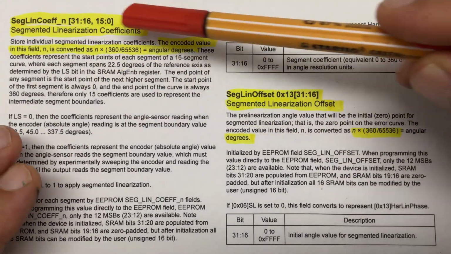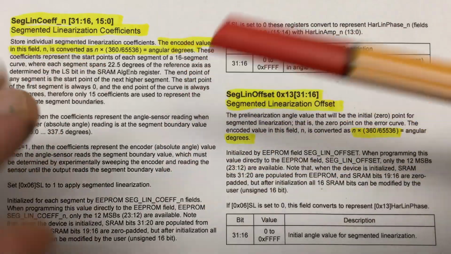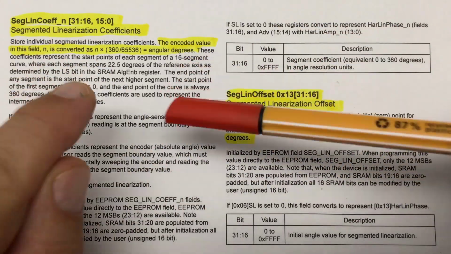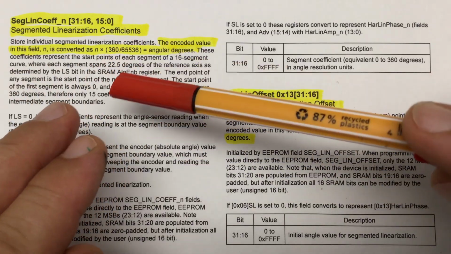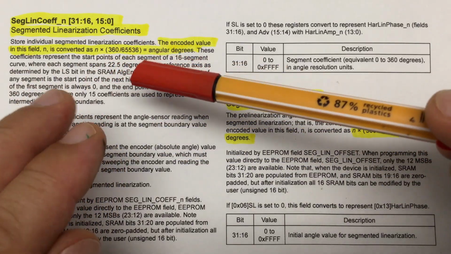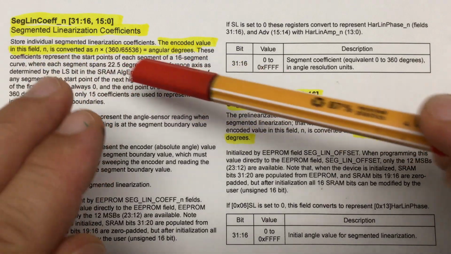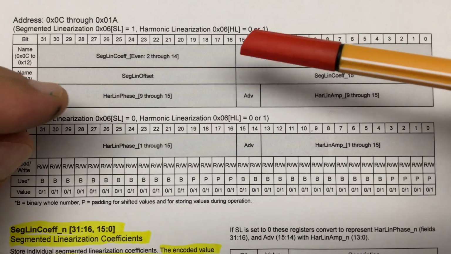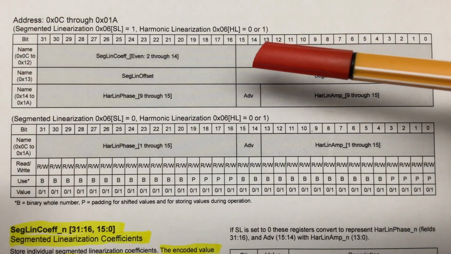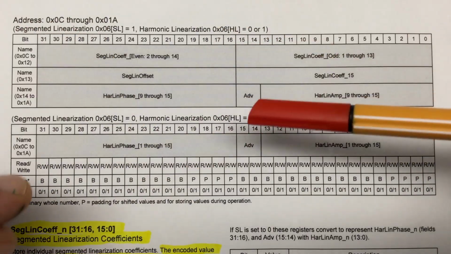The segmented linearization coefficients themselves are again only 16-bit unsigned integers representing 360 over 65536, so 2 to the power of 16, degrees. And within the SRAM addresses from 0C to 13, they are all over the place.